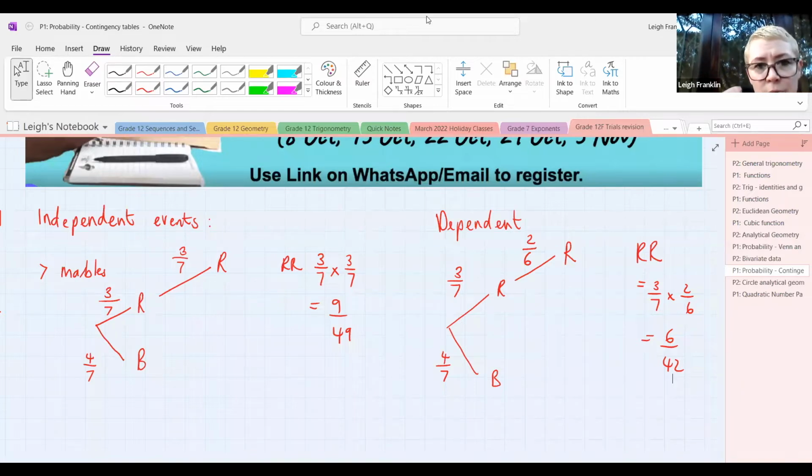Does that make sense to everybody about the difference between independent and dependent events? Everybody happy? Thumbs up, smiley faces, we're all good. Okay, awesome.